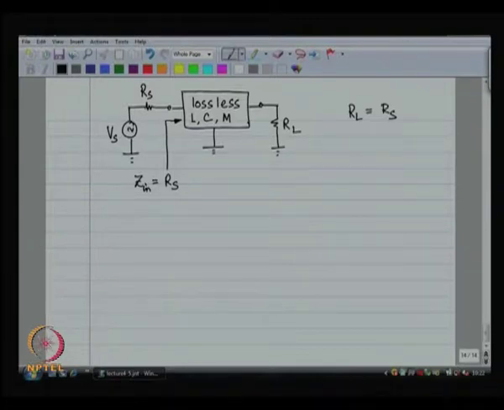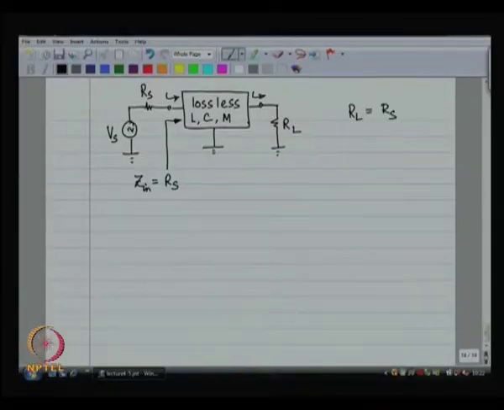If I manage to achieve this, then I will get maximum power going into this lossless network. So, maximum power is transferred into this network. Now, this network is made out of components that do not consume any power.